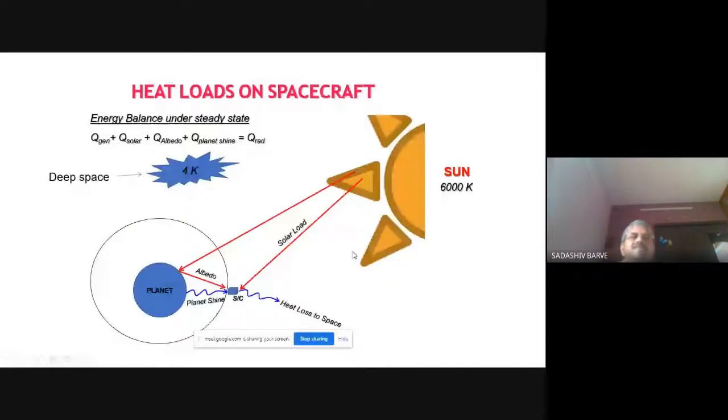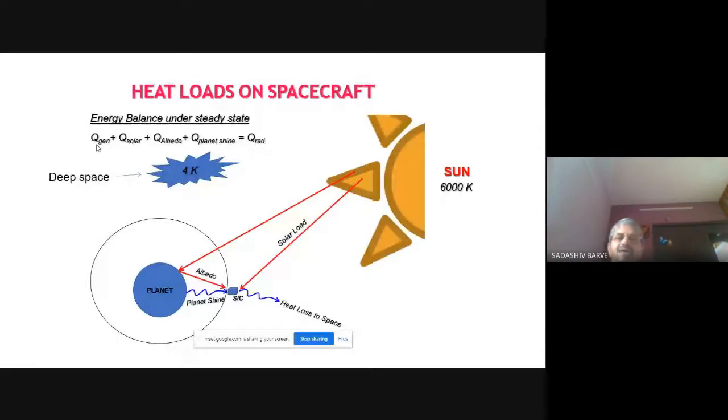Now, one more parameter when the satellite moves around the Earth, especially for the low Earth orbit satellite: the energy balance which we need to consider under the steady state is Q generation, meaning the amount of energy generated by different electronics packages and their activity internally.